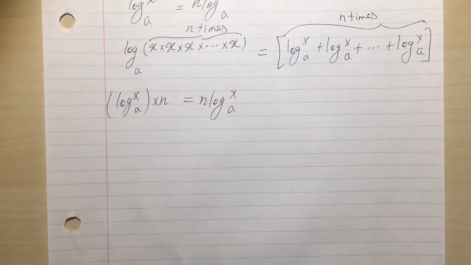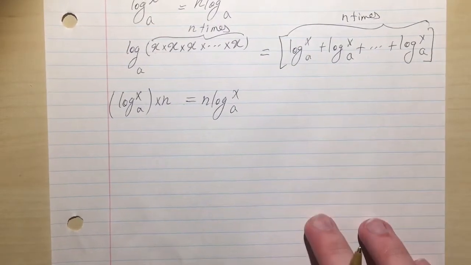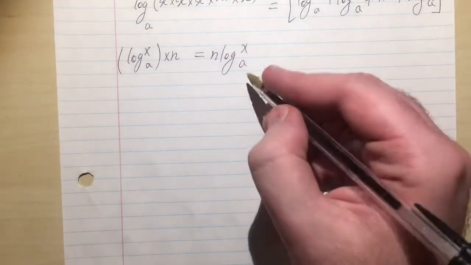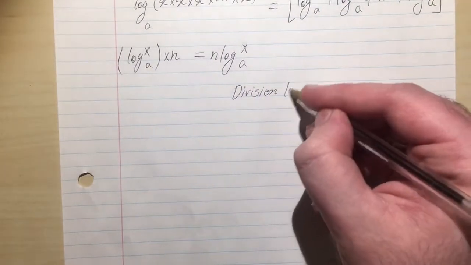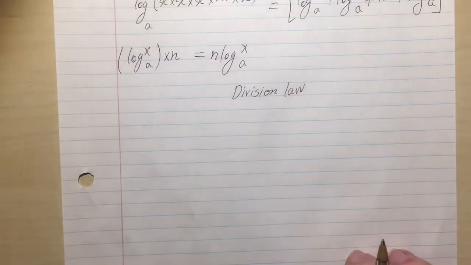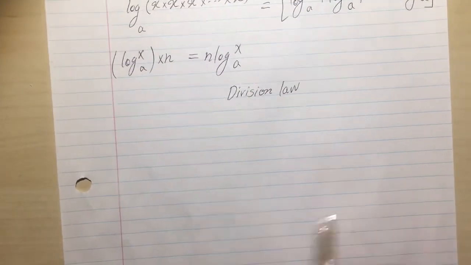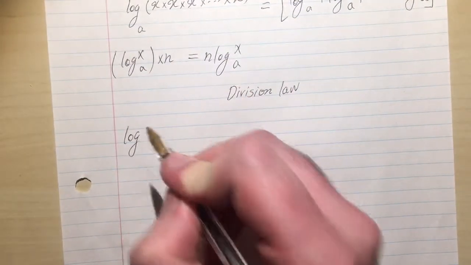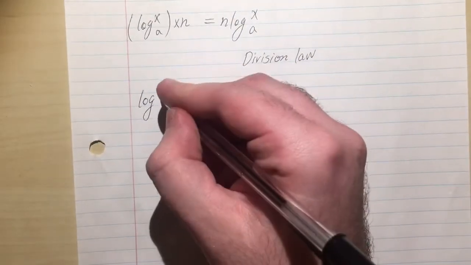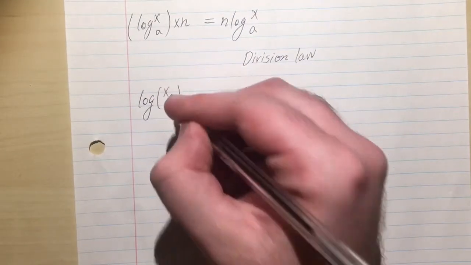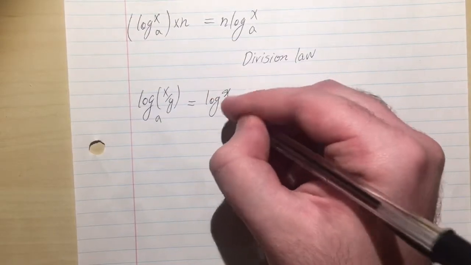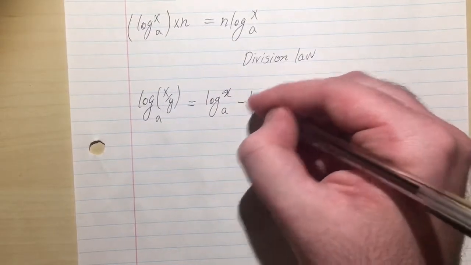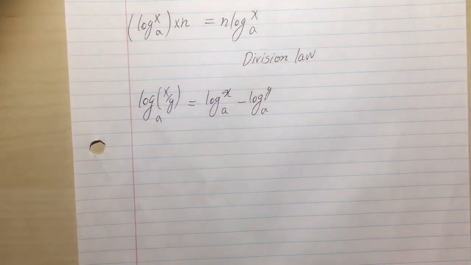Okay, the next rule, which is the division rule or law, is very important too. This law states log of x over y base a is equal to log x base a minus log y base a.